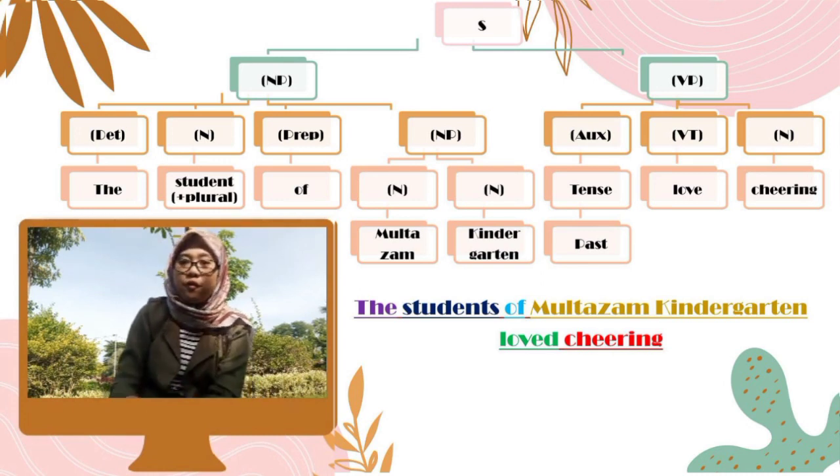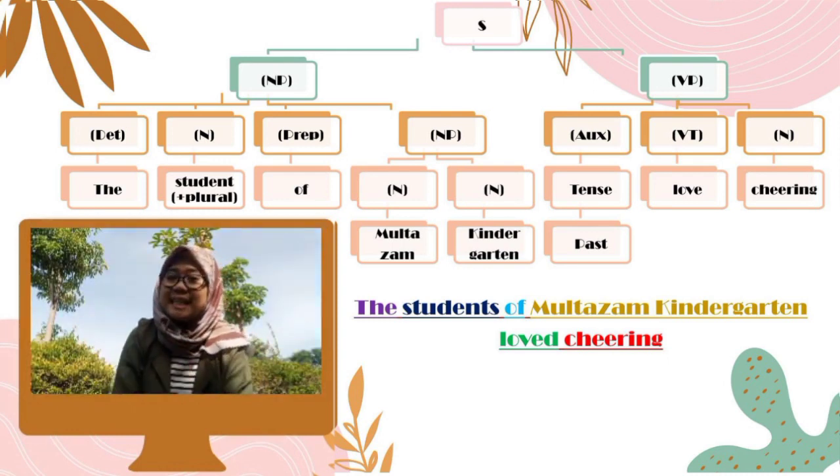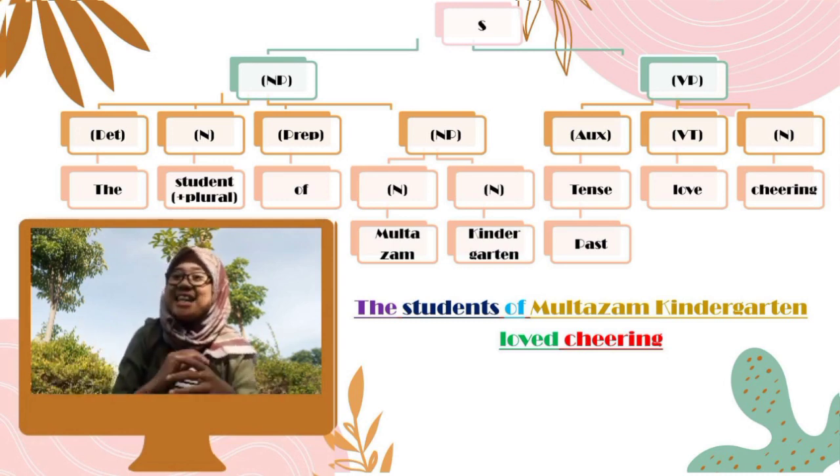And then the word of as a preposition here. We code it as prep. After the word of, Multazam Kindergarten is the noun phrase, made up of Multazam as a noun and kindergarten as a noun also. And we have another part of the sentence, which we symbolize as VP, the verb phrase, that consists of aux and verb.